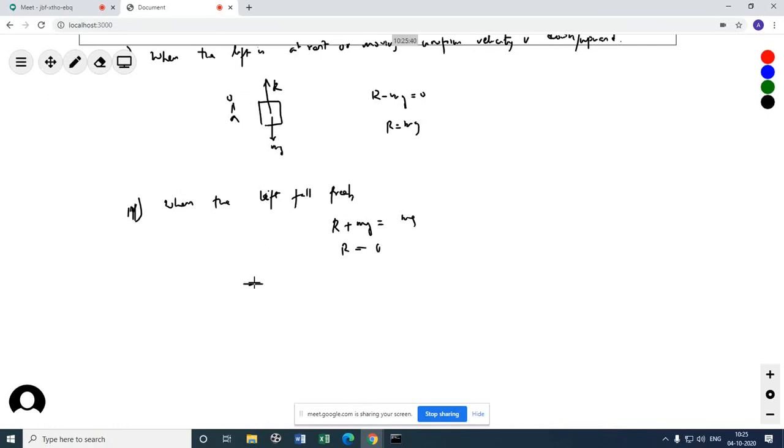The apparent weight becomes 0. Okay? Right or not?